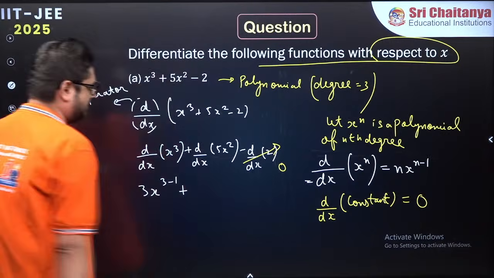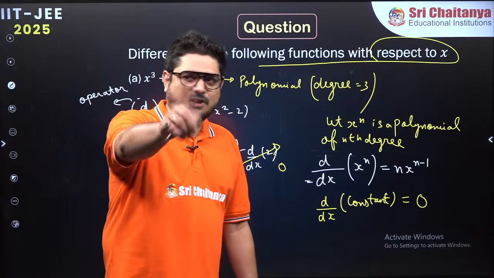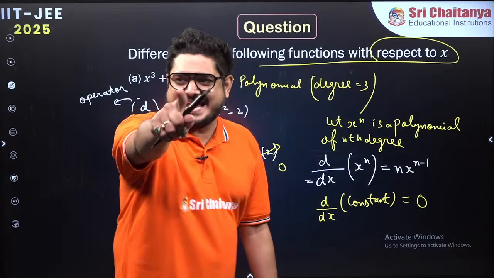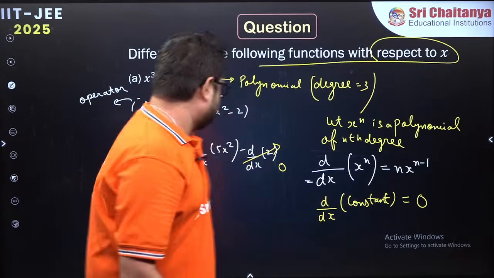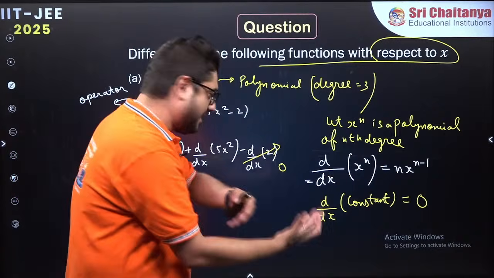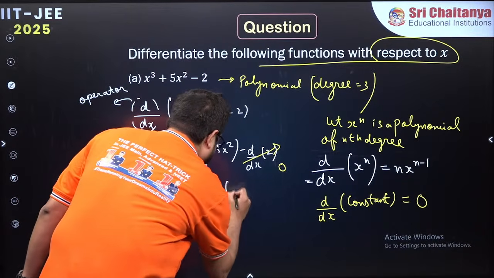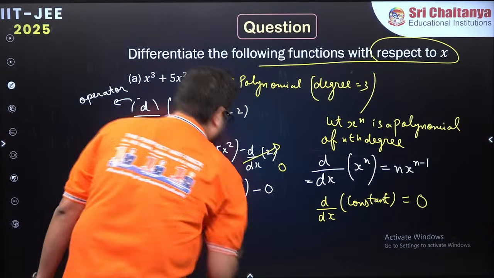Now plus d by dx of 5x square. 5 is a constant. It can be taken outside this operator. 5 into d by dx of x square minus 0.